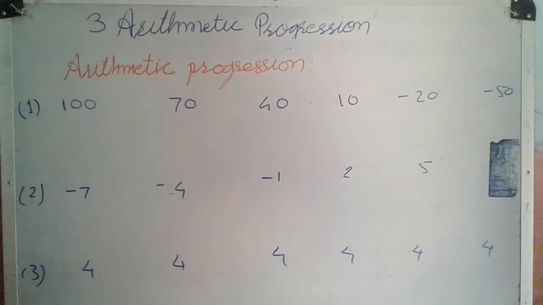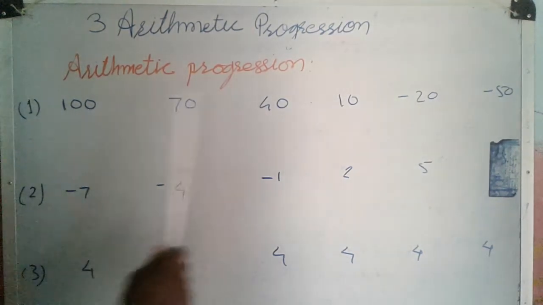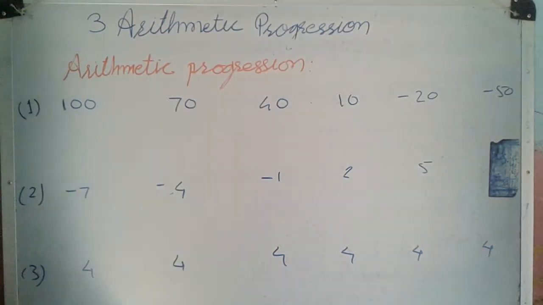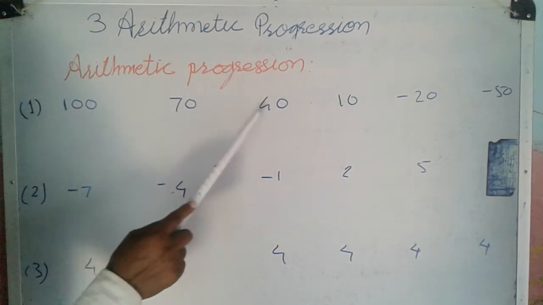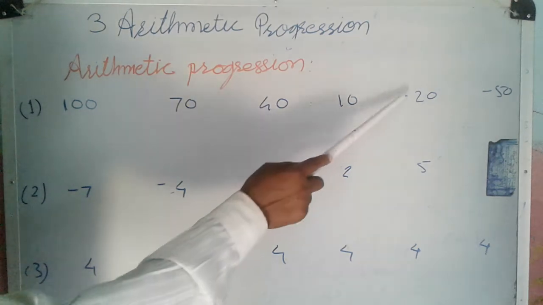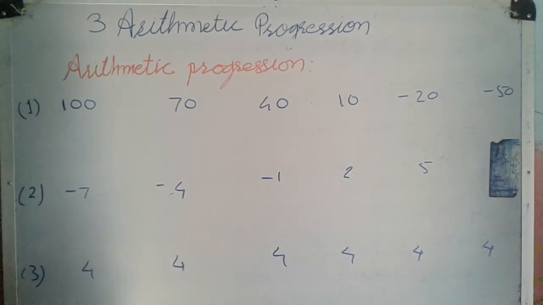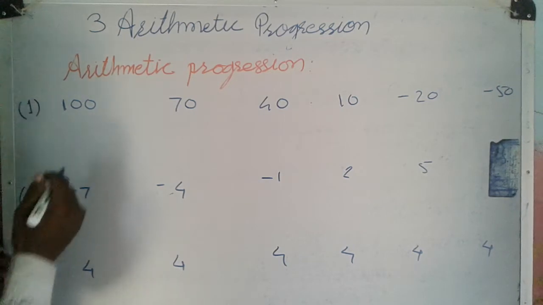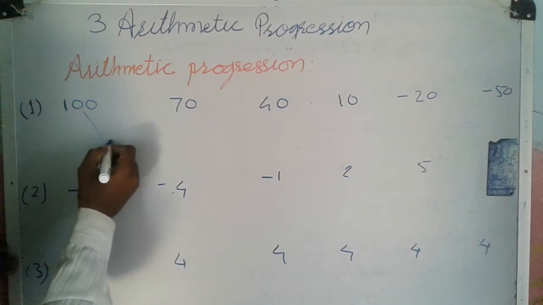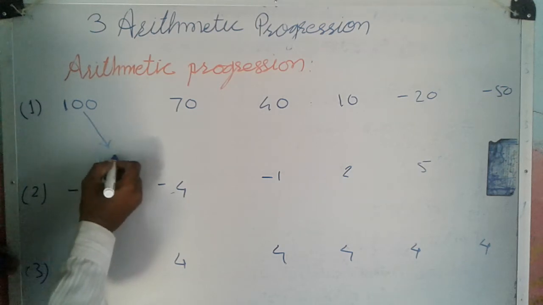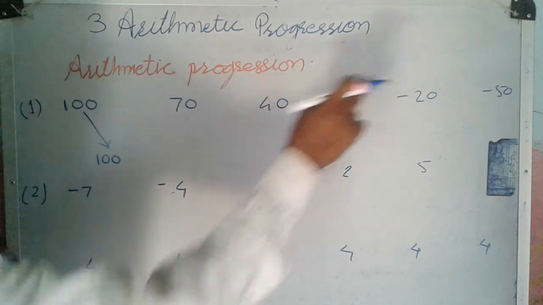Now see here, three examples are there. In the first sequence: 100, 70, 40, 10, minus 20, minus 50. This is the first term, second term, third, fourth, fifth.